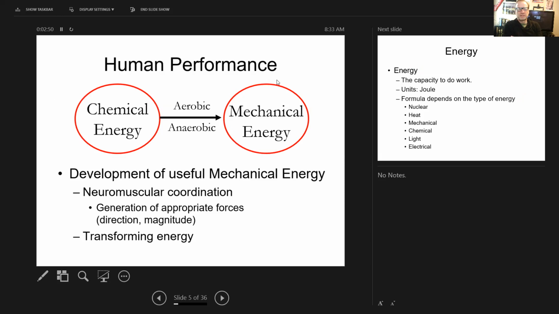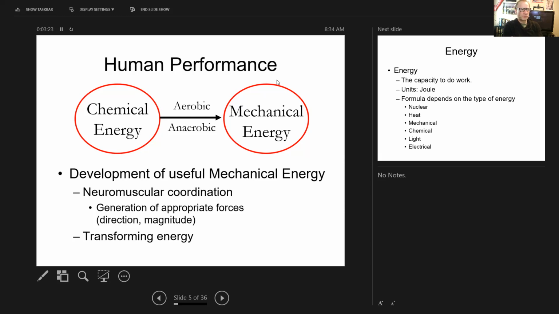Human performance is basically the ability to take chemical energy in the body, or carbohydrates, fats, proteins, and transform that chemical energy to mechanical energy or movement. All right. And we transform that energy from a carbohydrate aerobically or anaerobically over to mechanical energy. And mechanical energy for right now, we can just think of as movement.